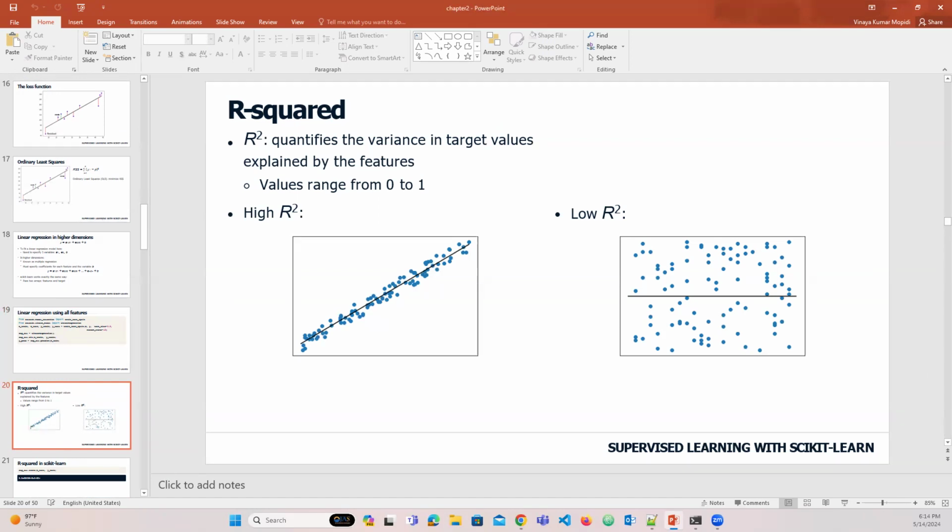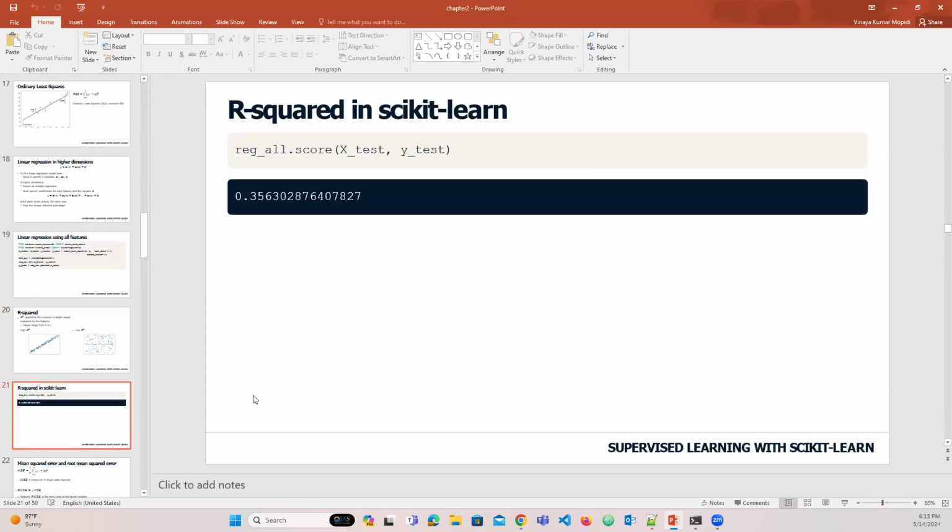Here are two plots visualizing high and low R-squared, respectively. To compute R-squared, we call the model's score method, passing the test features and target. Here the features only explain 35% of blood glucose level variance.